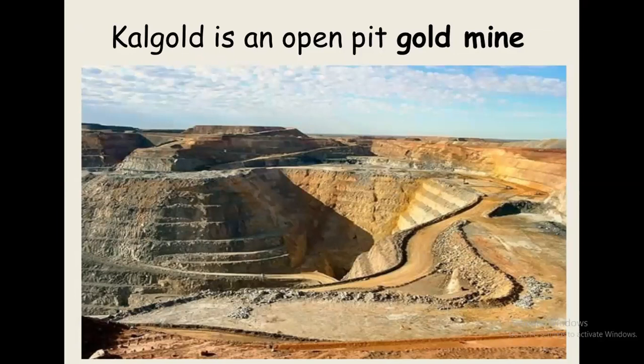Here also this is a gold mine, an open pit gold mine. From here they extract the gold, and whatever minerals they get, they take to the industries where they are refined, reduced into finished products, and then sent to different places for making jewelry.